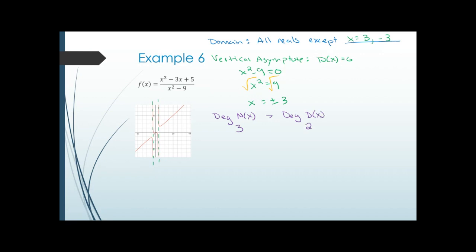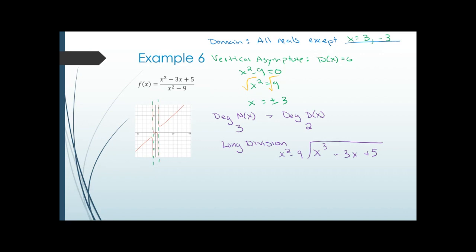So because the top has a bigger degree than the bottom, we have to do long division in this case because we're dividing by a quadratic. So I'm going to set up my long division. I have x cubed minus 3x plus 5, and I'm going to divide by x squared minus 9.